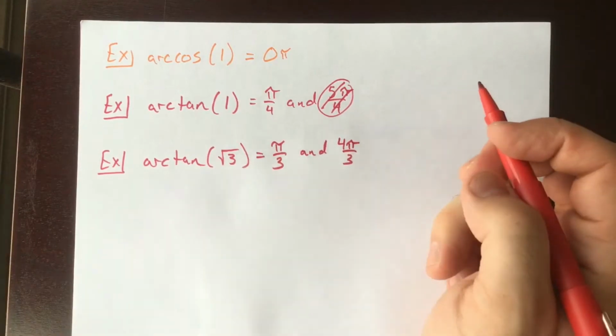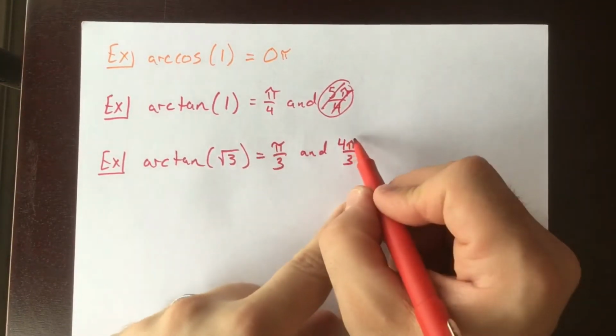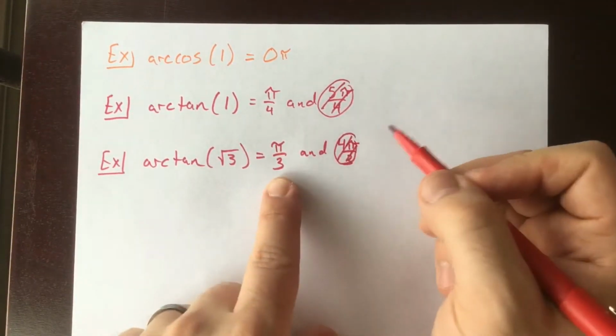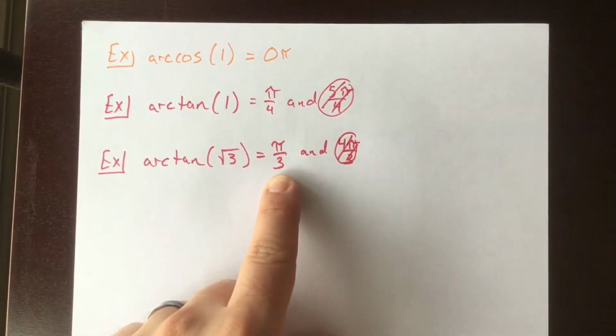Yeah, it'd be square root of 3 at 4 pi over 3, but we disregard this value because it's not within the range. Okay, let's see what other examples we have here.